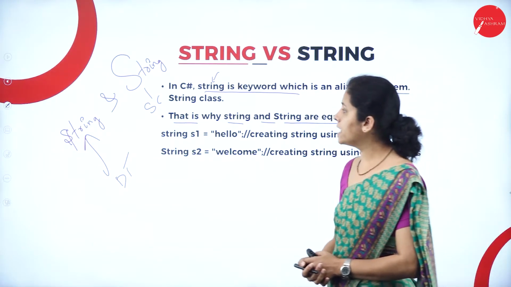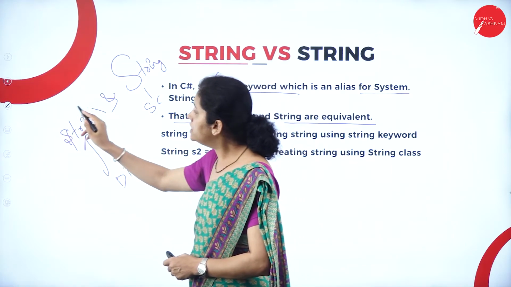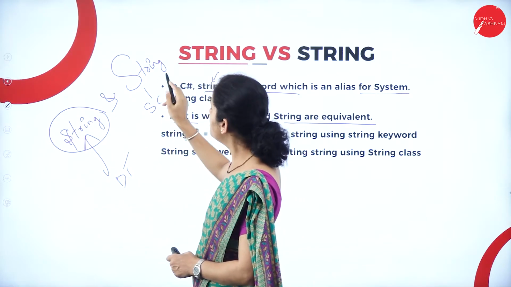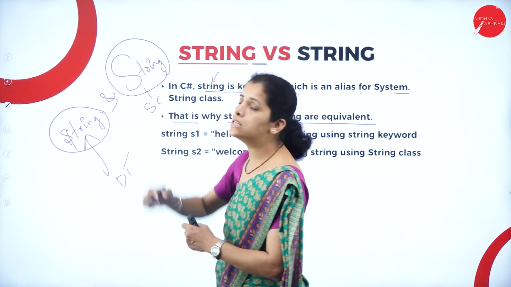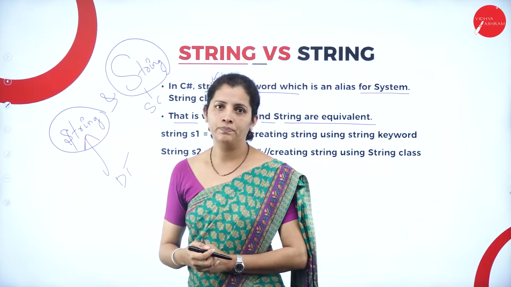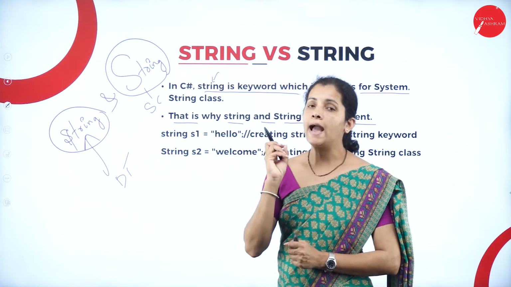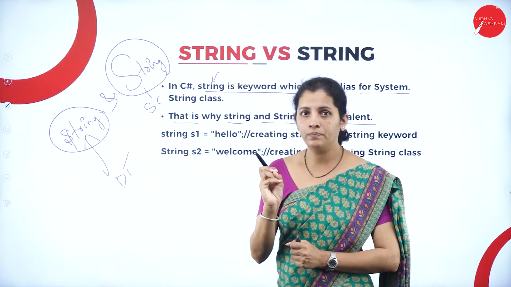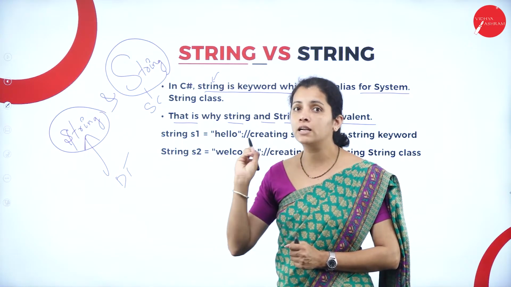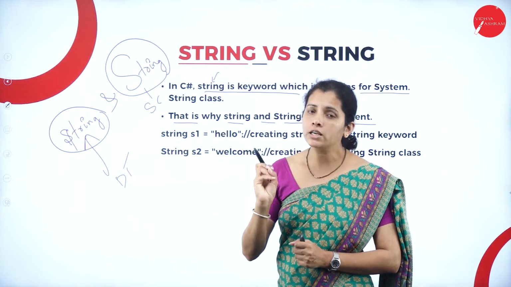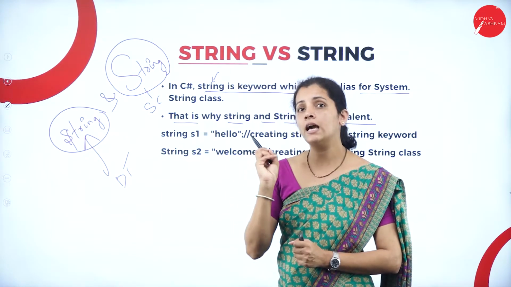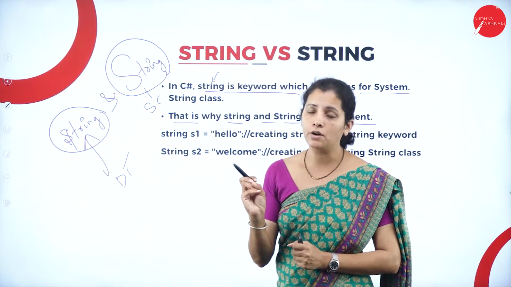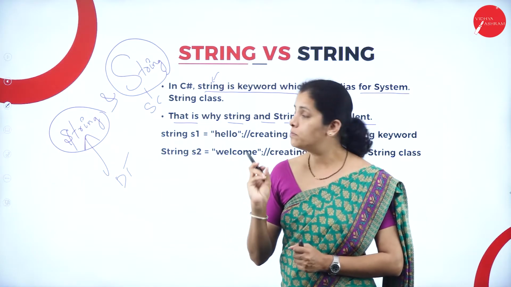That means I can use this string or even I can use this String. Both are the same. So what is a string? It's an object of the class String. It's nothing but a collection of elements or a collection of objects.